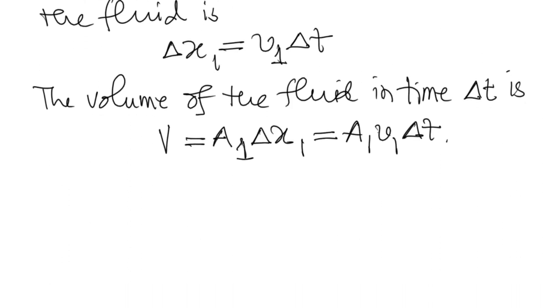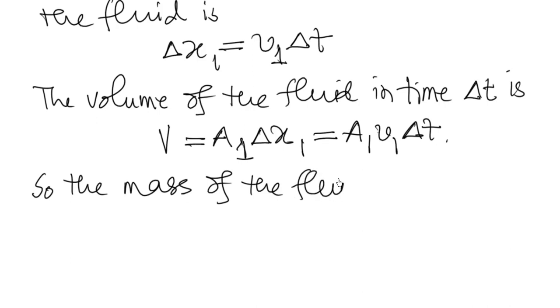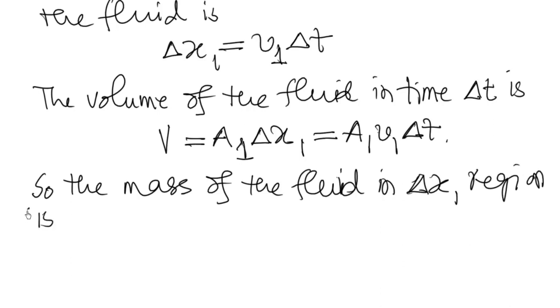It is known that mass is the product of the density and the volume. So the mass of the fluid in the delta x region will be delta m1 equal to density into volume.